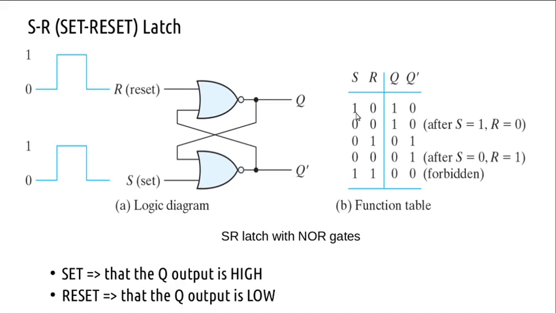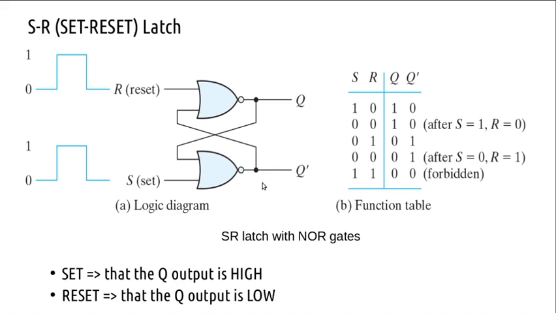What happens? I have 1 here, so that 1 is fed back to this point, and then the output goes to 1 at this point, and that is fed back to the NOR gate.